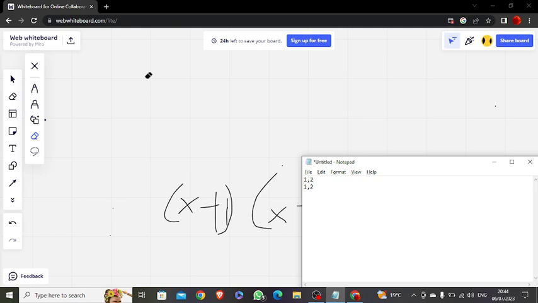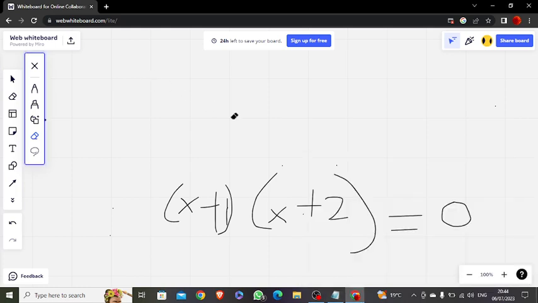So 2 times 0 equals 0. 1,000 times 0 equals 0. So the logic here would be that one of these would equal 0.